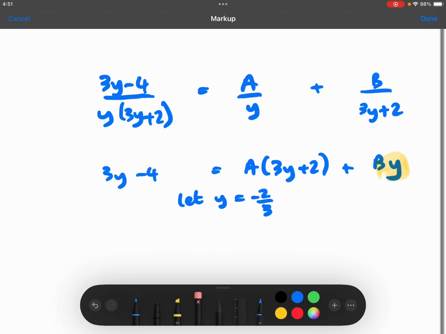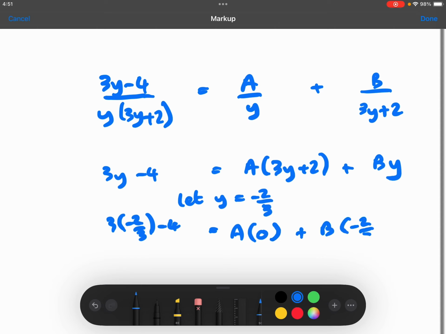Let me just write that out, working out in full. Sorry, I'm not happy with how I wrote that. So we're going to substitute the minus 2 over 3 in. That's me substituting it in on the left-hand side here. Substituting it in on the right-hand side, we've got a times, this is just 0, plus b times minus 2 over 3. Over here we've got minus 2 minus 4.